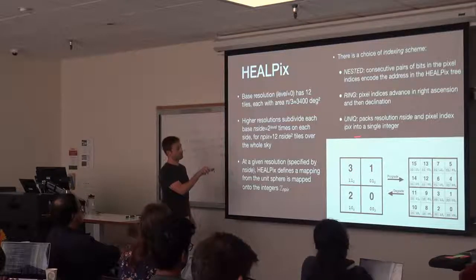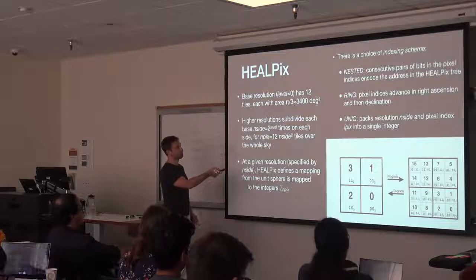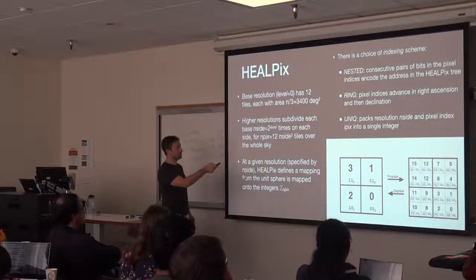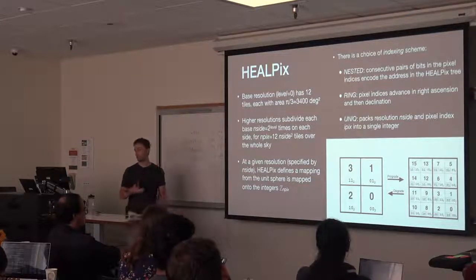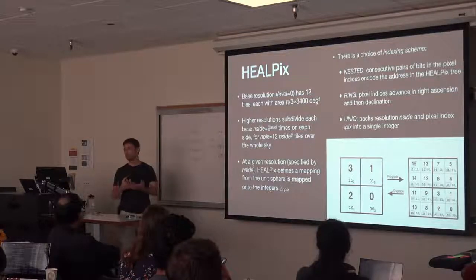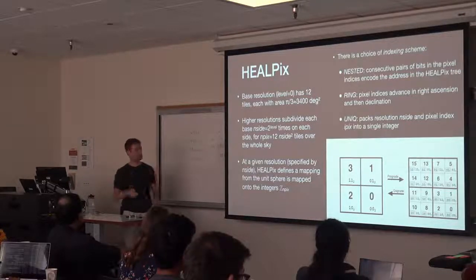And then last, there's a third indexing scheme, which we're not going to touch on. I'll just mention it here. It's called unique, and it just packs the resolution and the pixel index into a single integer. So if you want to encode a tree data structure that has a mix of different tiles and resolutions, then unique is a way to do that.